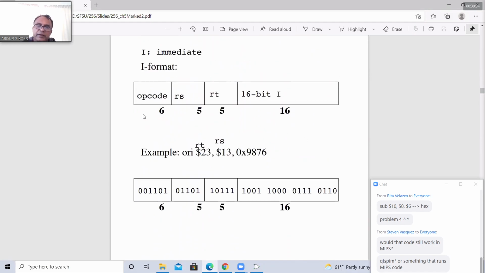I for immediate. So you have opcode 6, RS 5, RT 5, and then a 16-bit immediate. An example here, ORI 2313. This is a hexadecimal number, that's the number, basically 9876. So put 9876, that's the number. And then RS and RT, you convert them. And this is the opcode for ORI, 001101. You get it from the reference sheet.